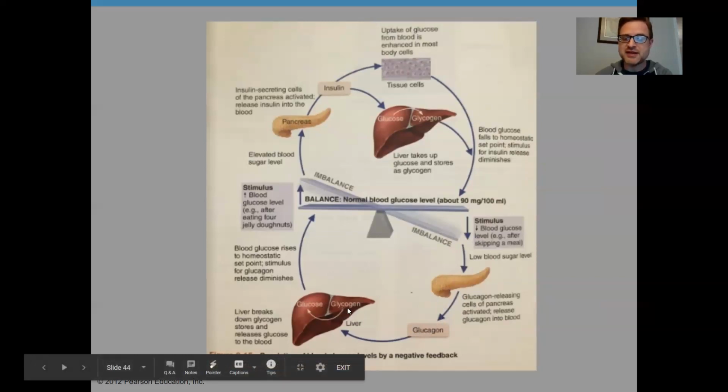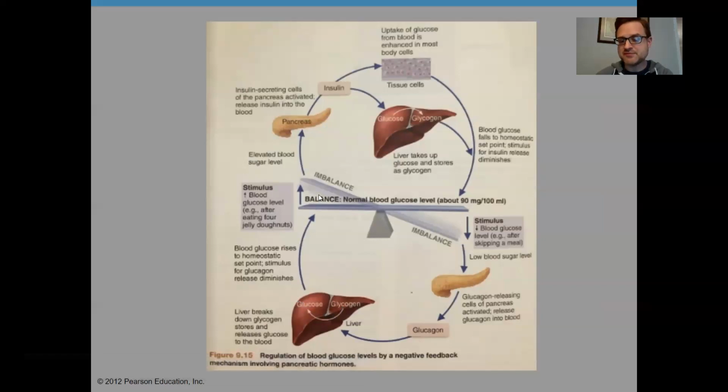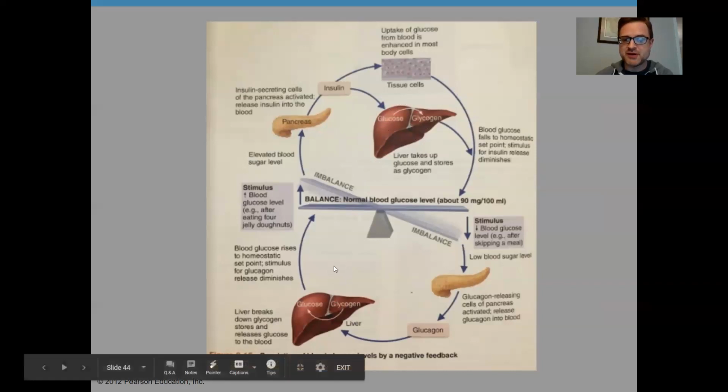It converts glycogen back into glucose, which raises your blood sugar, right? So you see what's going on here versus what's going on here. Here your blood sugar was high, so you turn glucose into glycogen. Here your blood sugar is low, so you turn the glycogen back into glucose, which increases your blood sugar.